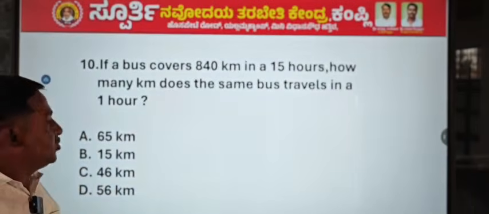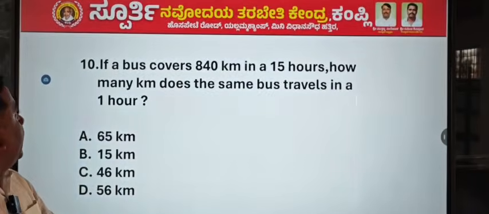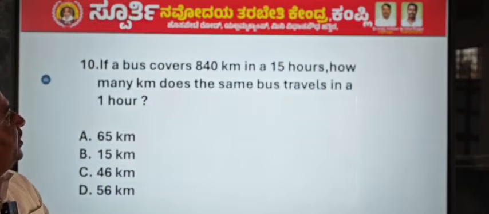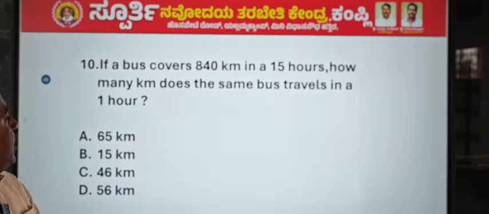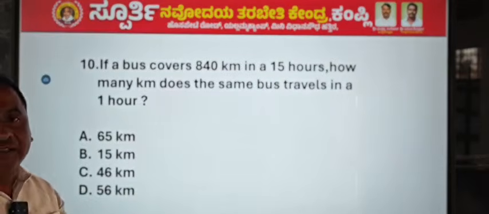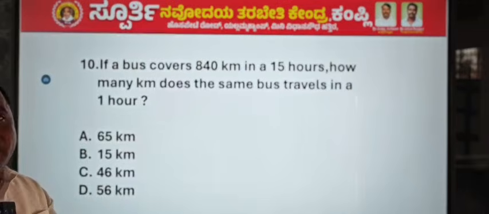Okay. Your question is like this. If a bus covers 840 kilometers in 15 hours, how many kilometers does the same bus travel in 1 hour? They are asking. It is solved by unitary method.